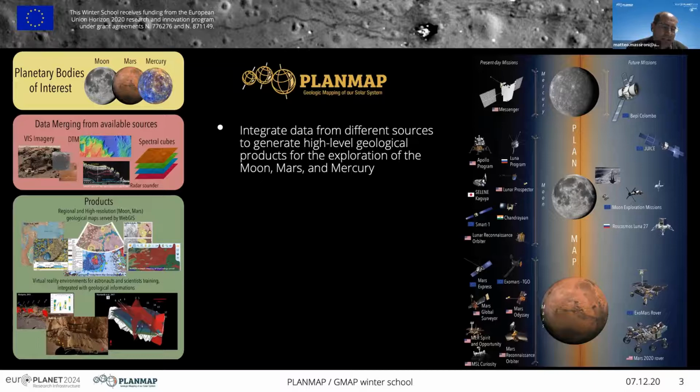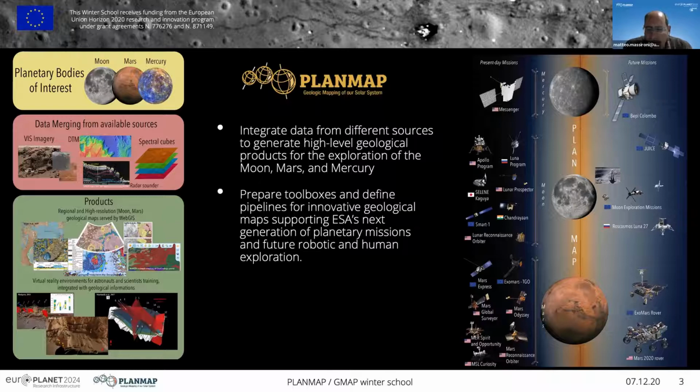And we can even use all our maps to create 3D geological models as we normally do on Earth. So the idea is to improve the classical and traditional way of doing geological maps to gain high-level products. This was done by planetary mapping on Mercury, Moon, and Mars, which were the main subject of the base school.